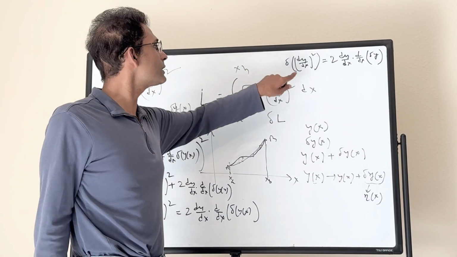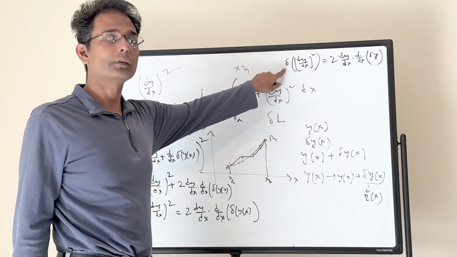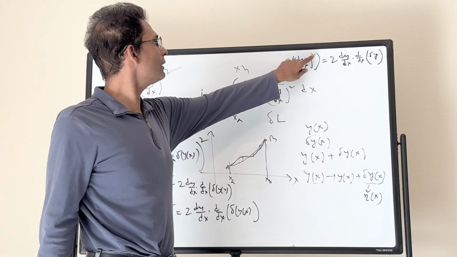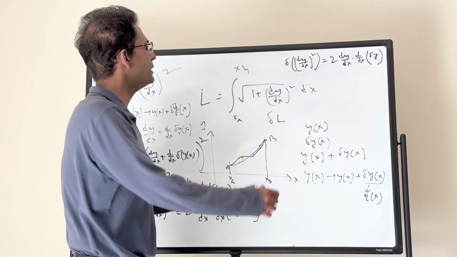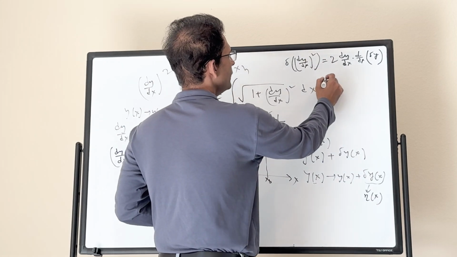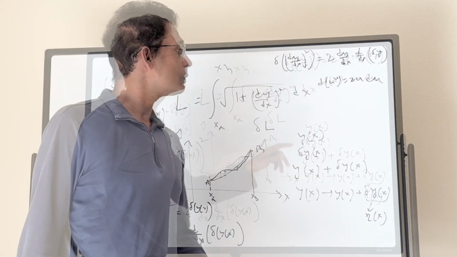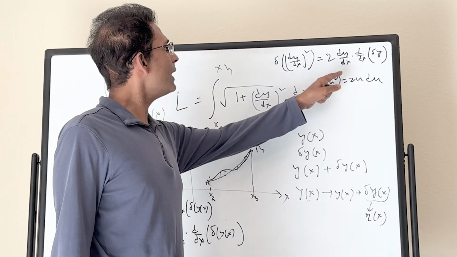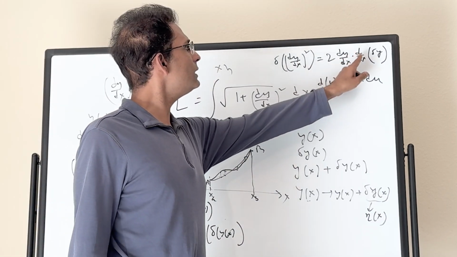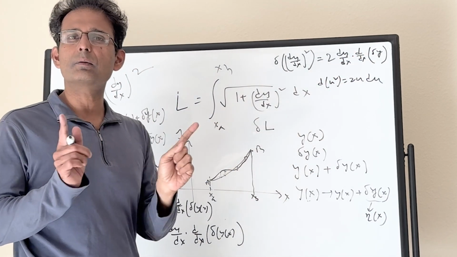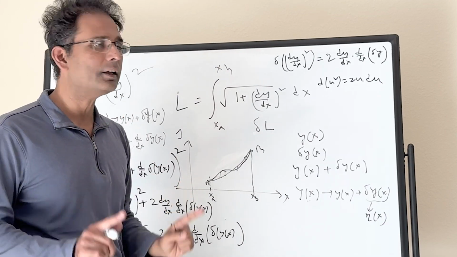Now notice something interesting. This delta is just like a d operator, right? If you just imagine this is u squared, how do you write d(u squared)? It's 2u du, right? So one thing I'd like to emphasize is that d and delta are kind of interchangeable, they're independent, they don't talk to each other, okay?